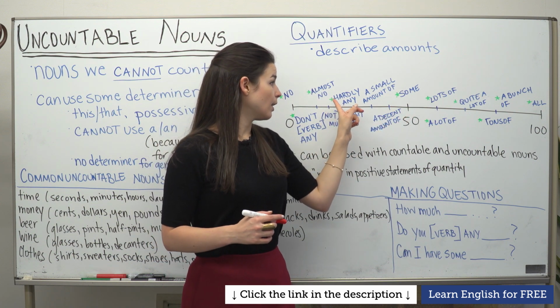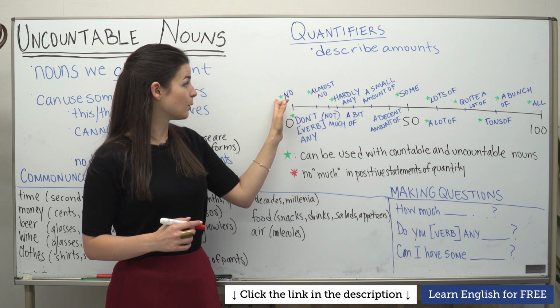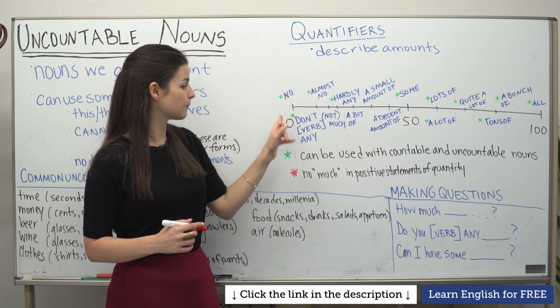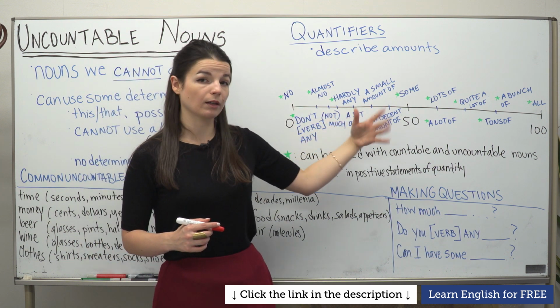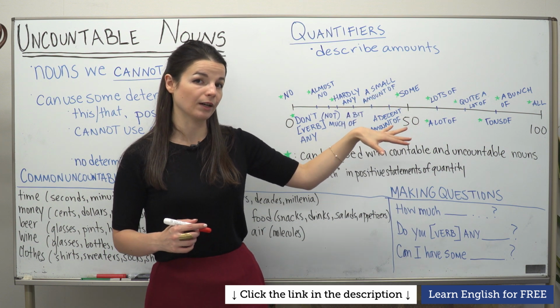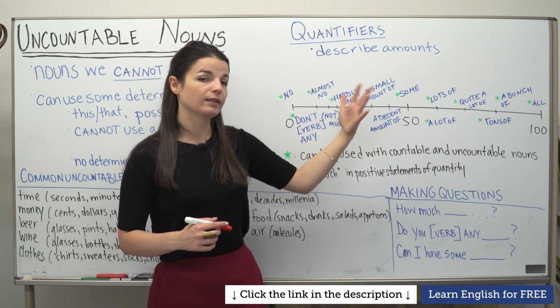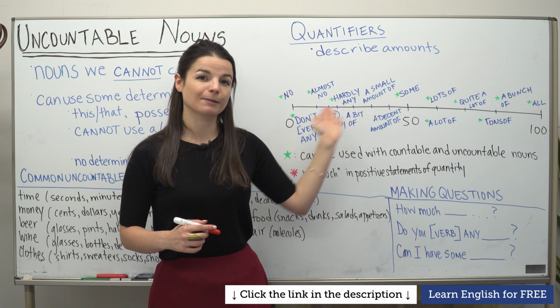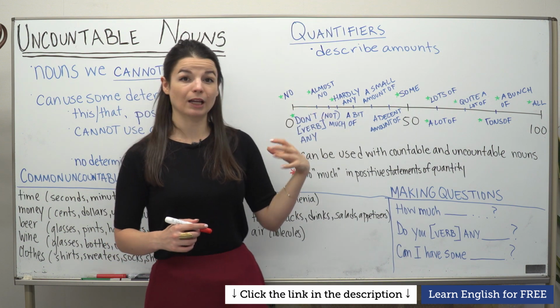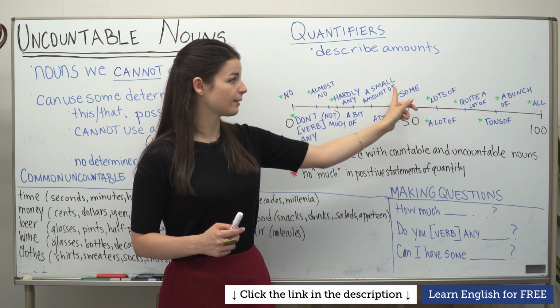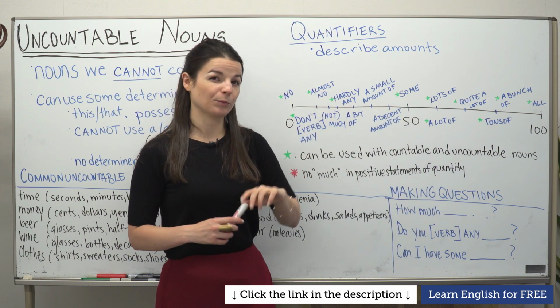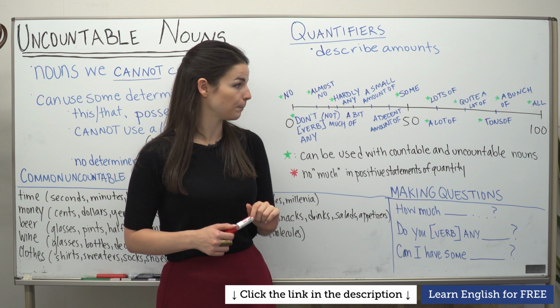You'll see too, as with countable nouns, we can use some of these, as I've marked with the green star here. Some of these are okay to use with countable nouns and uncountable nouns. So if you get stuck, you can try to remember which ones are okay for both. For example, lots of and a lot of, some is good. Almost no is pretty handy, pretty useful as well.